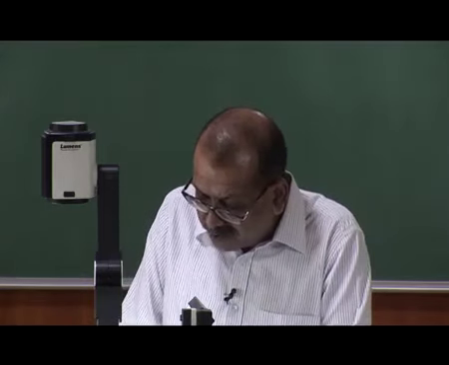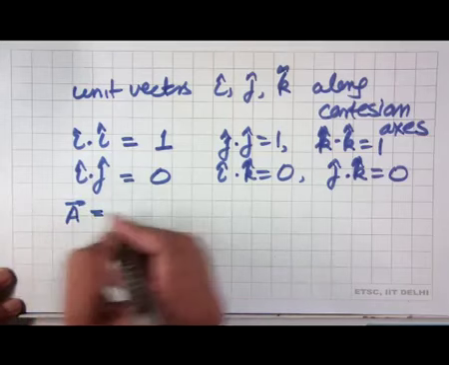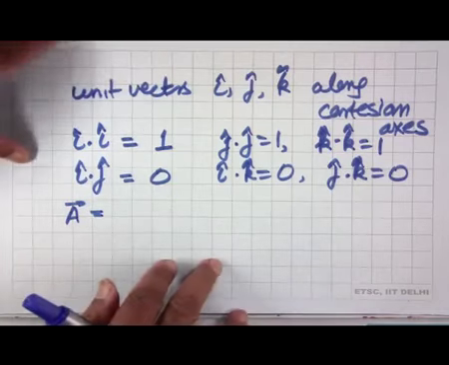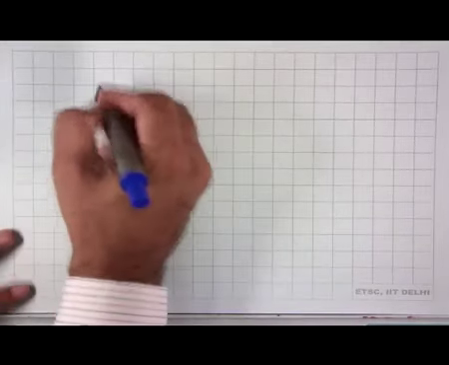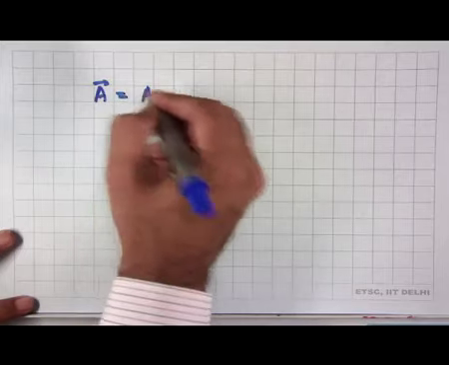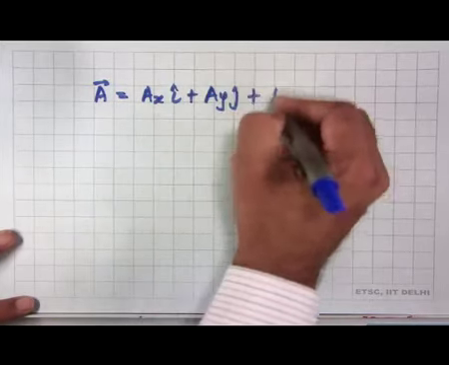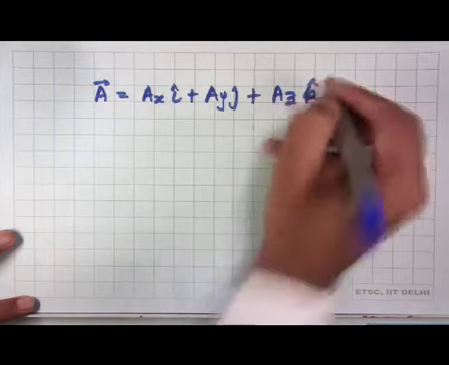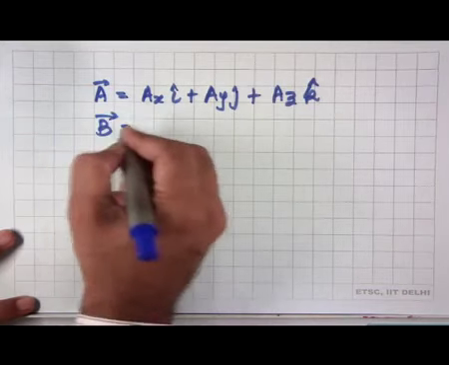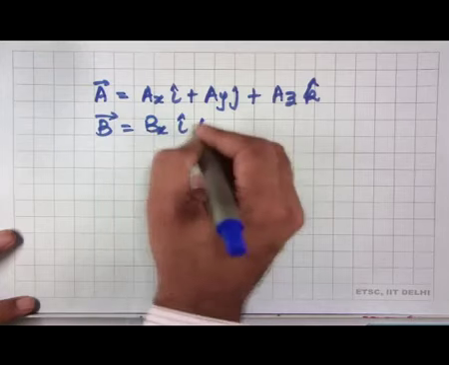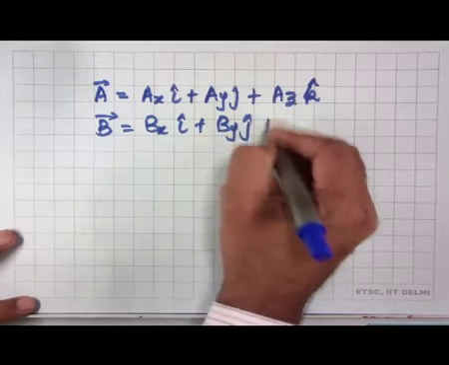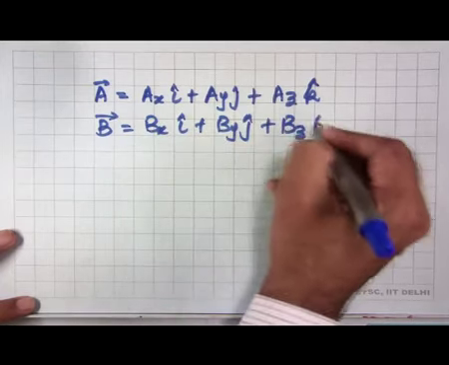So, for example, if we have a vector A equal to AX i plus AY j plus AZ k, and vector B equal to BX i plus BY j plus BZ k.